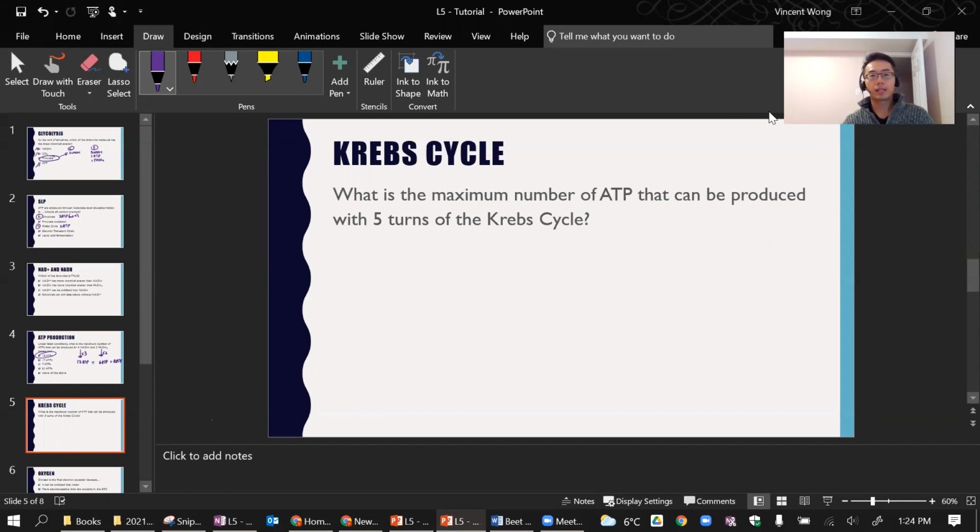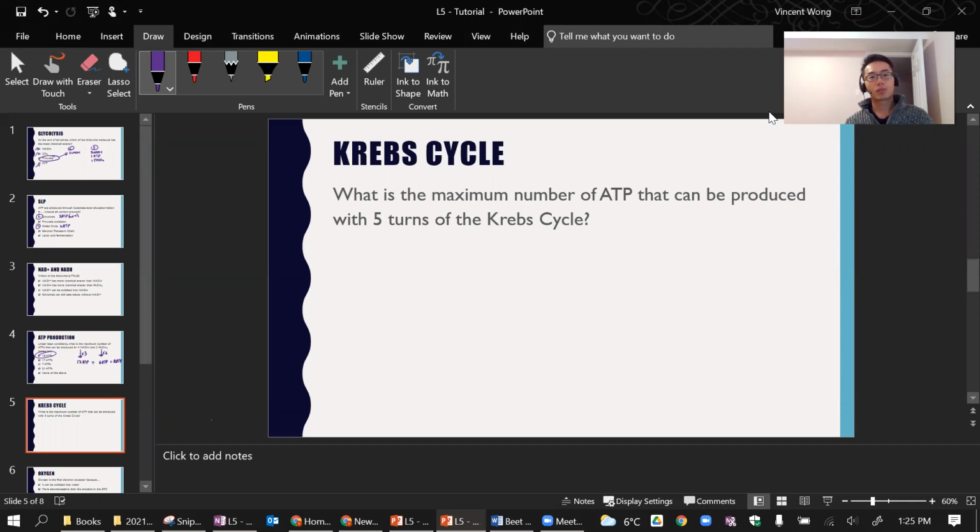I should be clear, I'm asking for the number of ATP produced directly through SLP, as well as you have to think about the energy carriers going to the ETC as well, right?